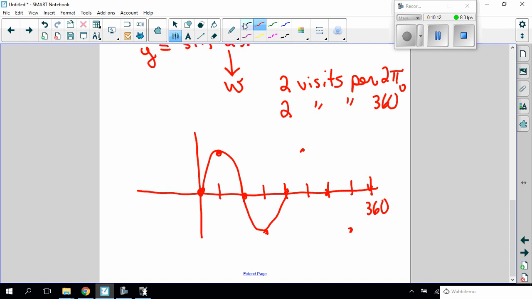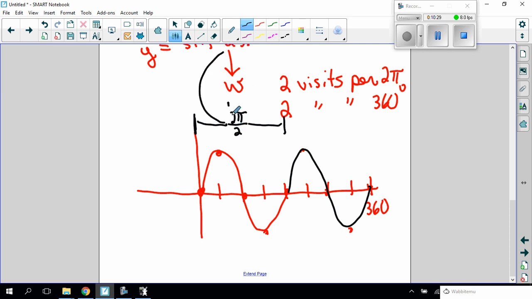One visit, two visits. Its new period is 2 pi over 2, which is pi, which is 180.